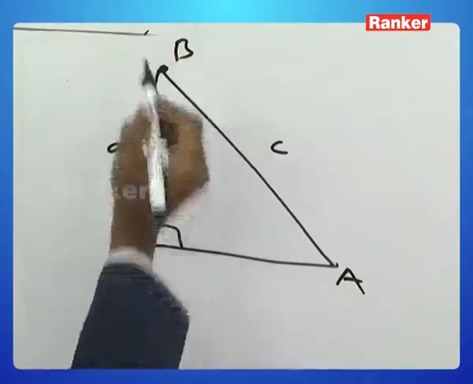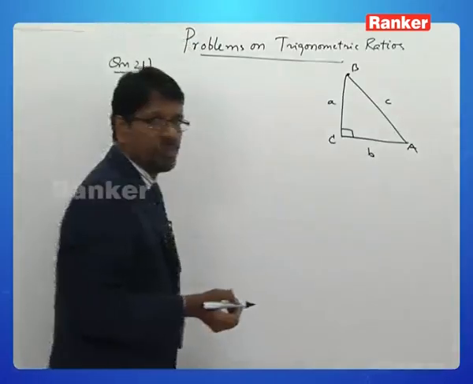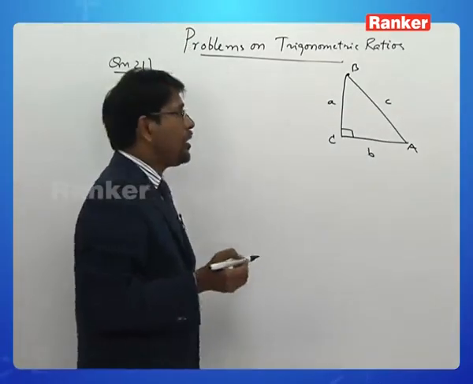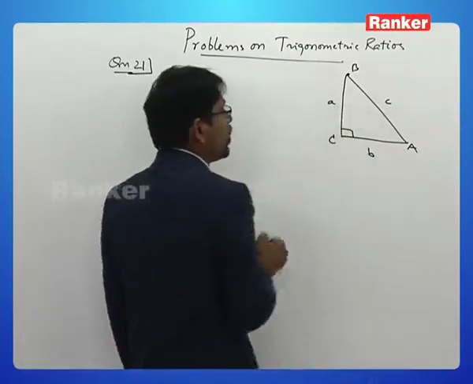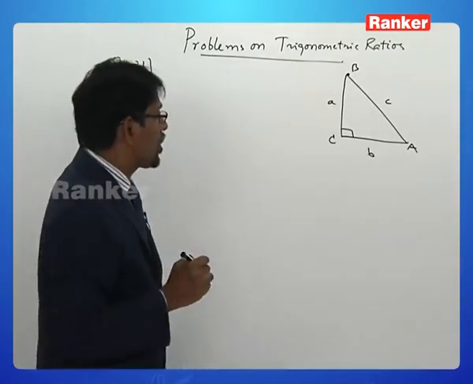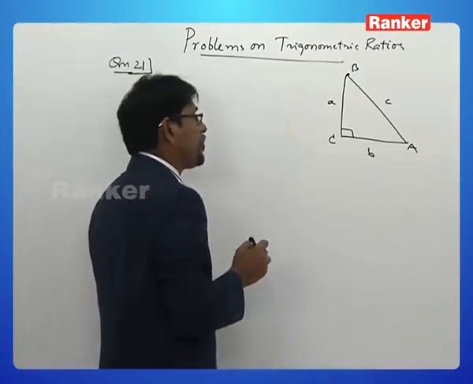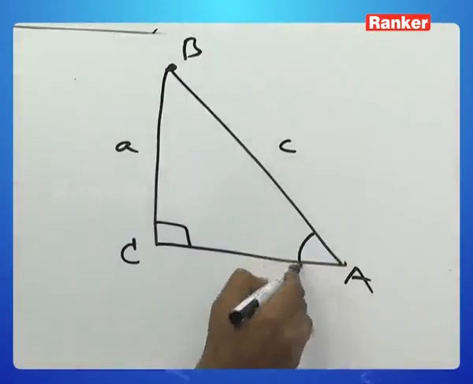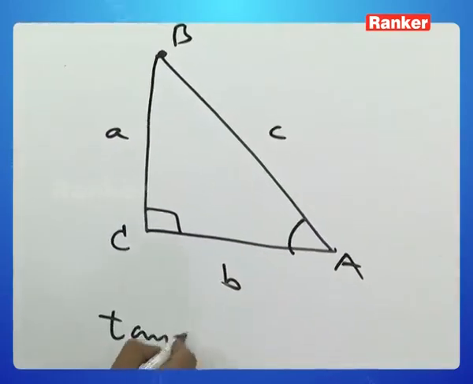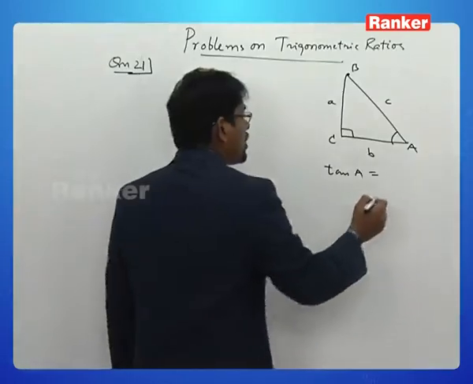Let's name this vertex as B, this will be small b. We have a convention that the side opposite to a vertex is denoted by the lowercase letter corresponding to that vertex. Now this is A. What is tan A? Opposite by adjacent, so a by b.